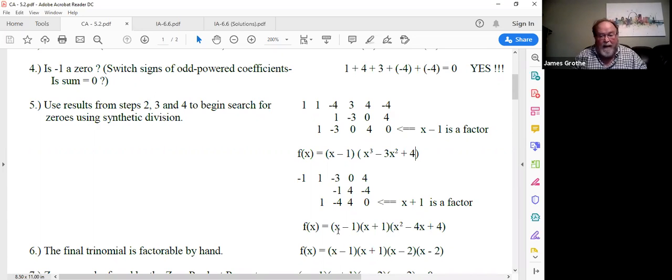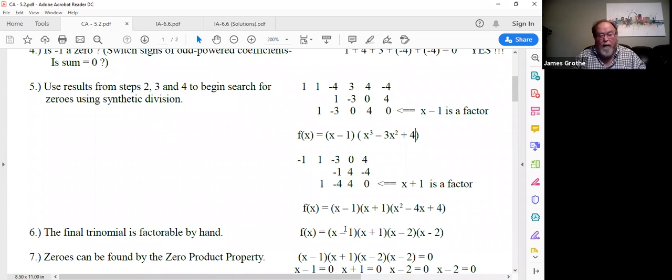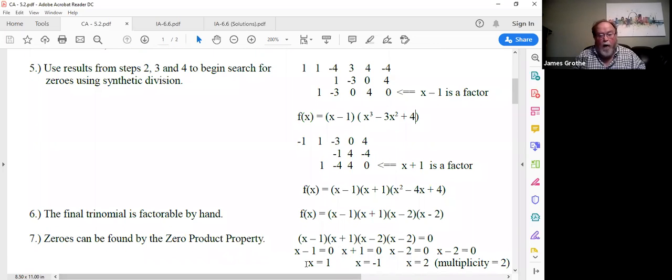Of course, when I set x minus 1 equal to 0, I get x equals 1. And when I set x plus 1 equal to 0, I get x equals negative 1. Those were the two zeros I found very early in the problem. And when I set x squared minus 4x plus 4 equal to 0, at that point, it's a quadratic equation.